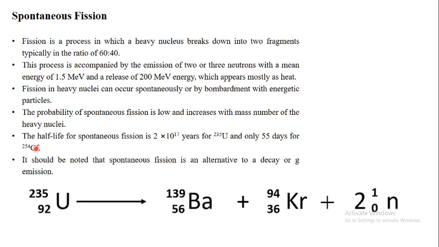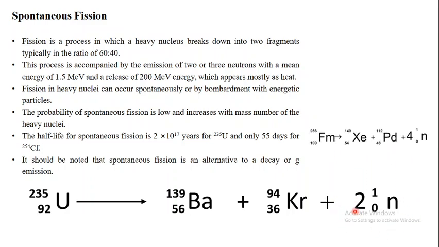If we take the example of uranium, when it spontaneously fissions into its daughter components, barium and krypton are formed in a 60 to 40 ratio with the emission of two neutrons. However, if we bombard a neutron from an outer source over this target material, then it would be 3 neutrons or 4 neutrons.